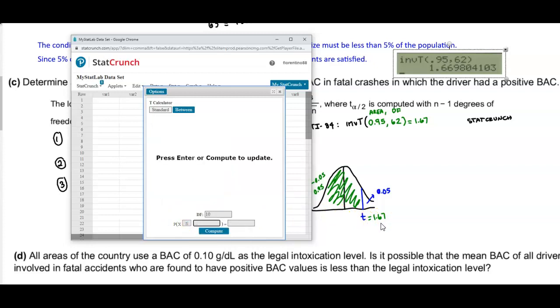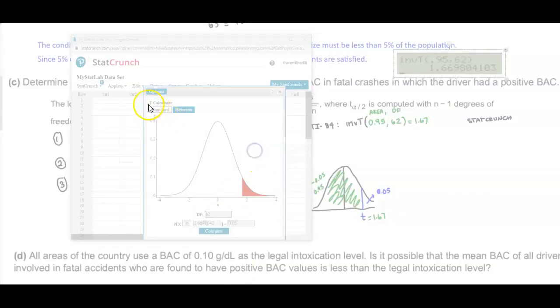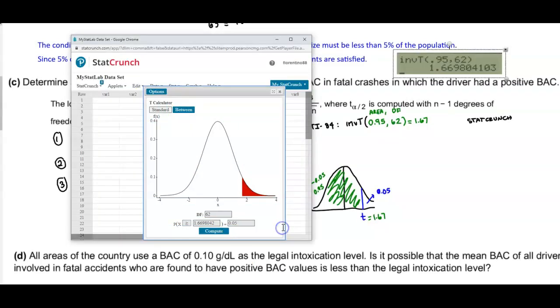We want the area to be represented by 0.95, or we want to use the greater than 0.05, with our degrees of freedom to be 62. And then select enter, and you're going to get the critical value that we just got there. So that will give you the critical value of T.